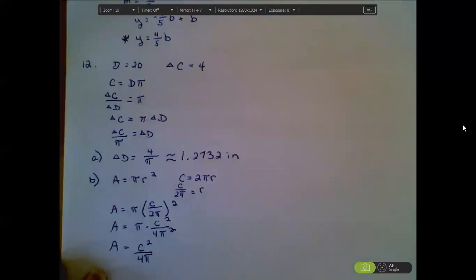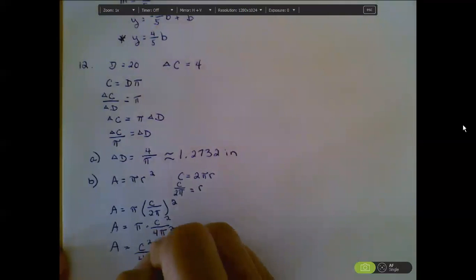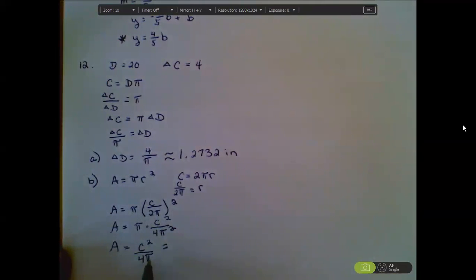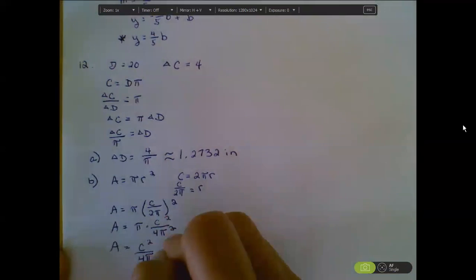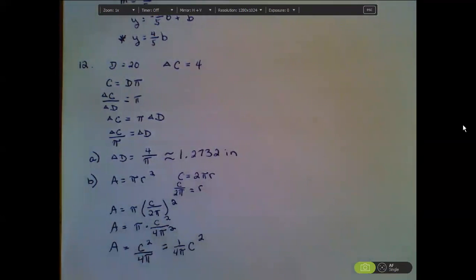Just because 4 pi is a constant, I may write that as 1 over 4 pi times C squared. Now we're not through because we haven't taken the derivative of anything, but are there any questions about how we got to this point?